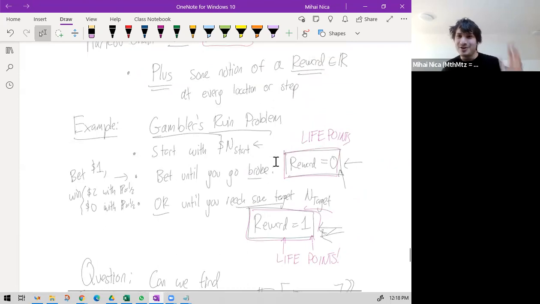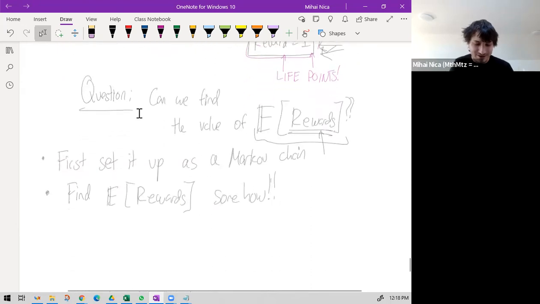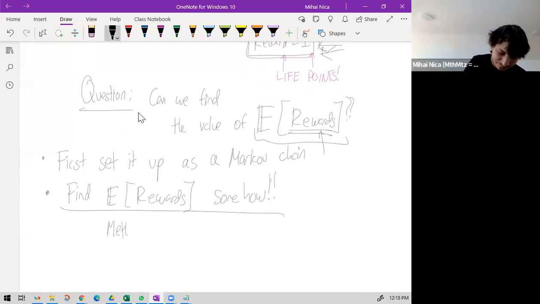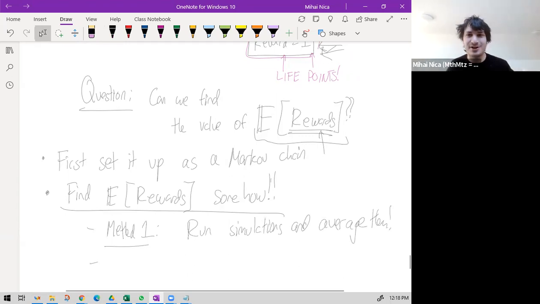Monte Carlo just means in science, do some simulations. So one of the ways you can find the expected rewards, method one, is run simulations and average them. And there are going to be other methods, but this is a good place to start.